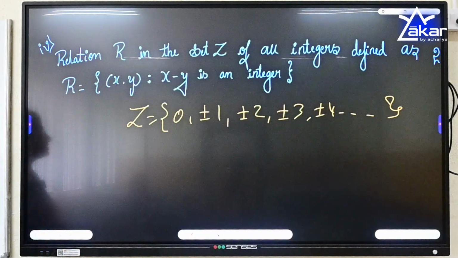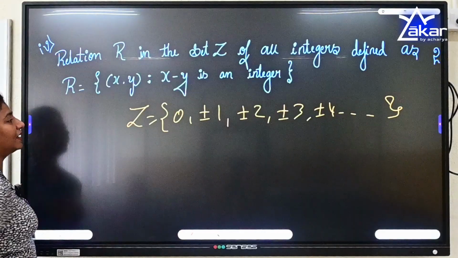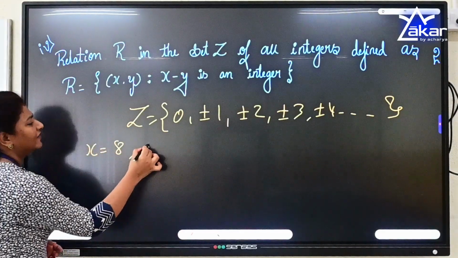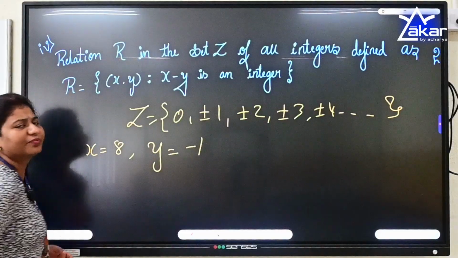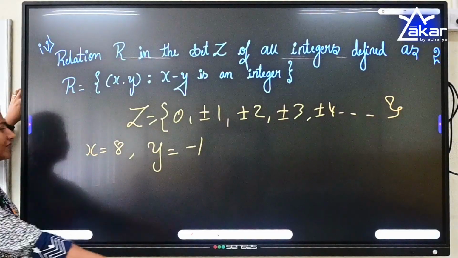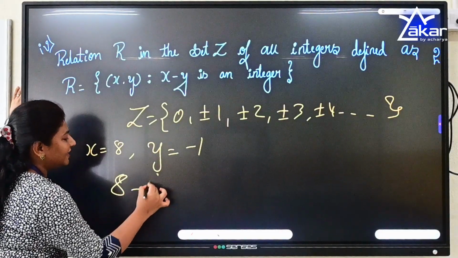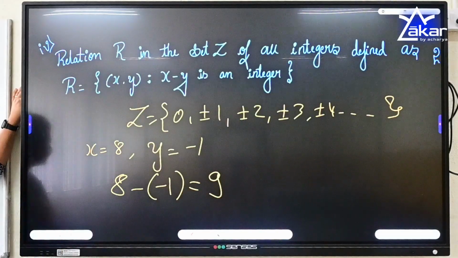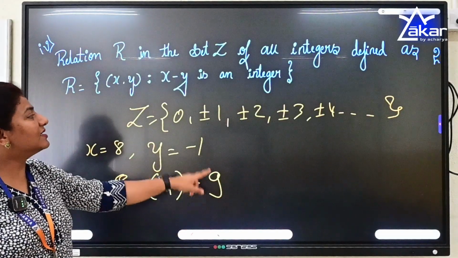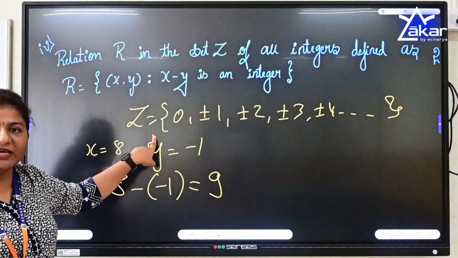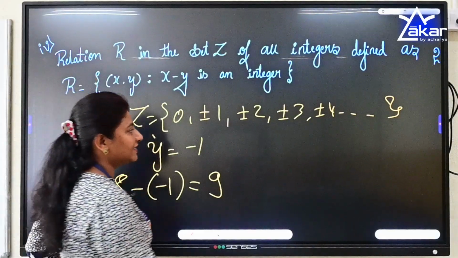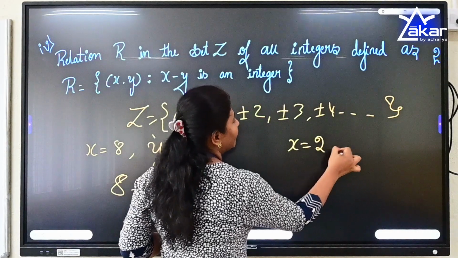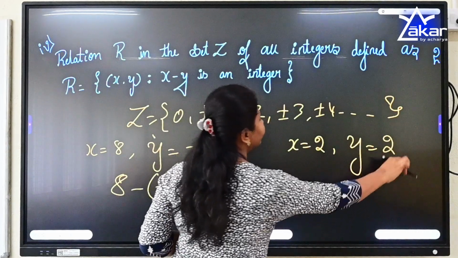So what is the condition here? It says x minus y. Suppose I take x equal to 8 and y equal to minus 1. Let us check whether it belongs. So 8 minus of minus 1 gives the value of 9. Is this 9 belonging to Z? Yes, it does. Now let us check for similar elements. x is equal to 2 and y is equal to 2.